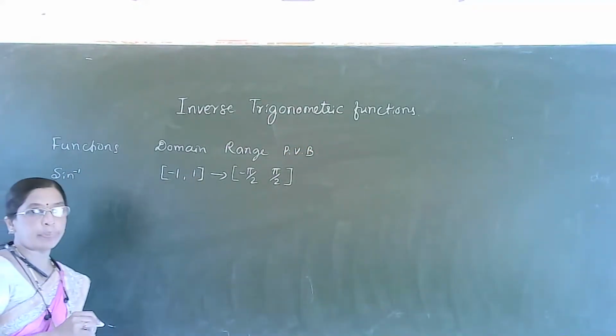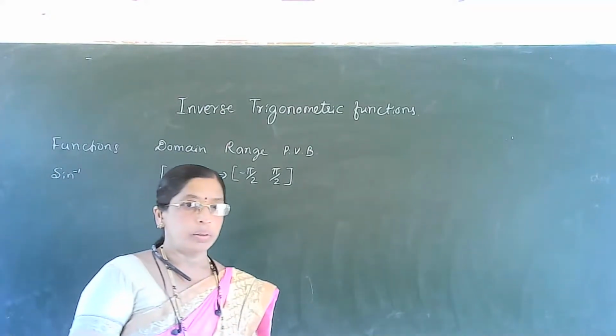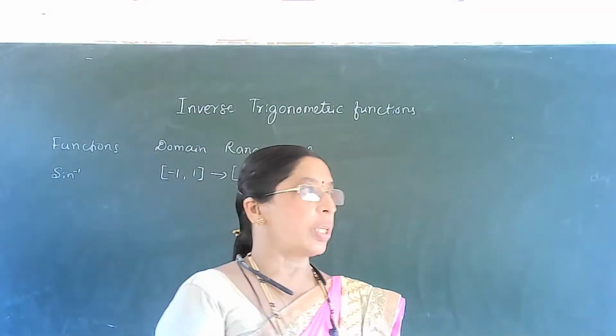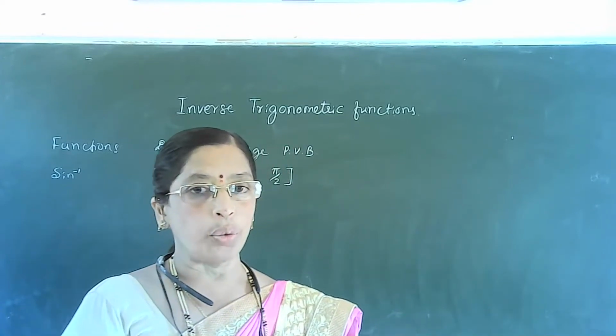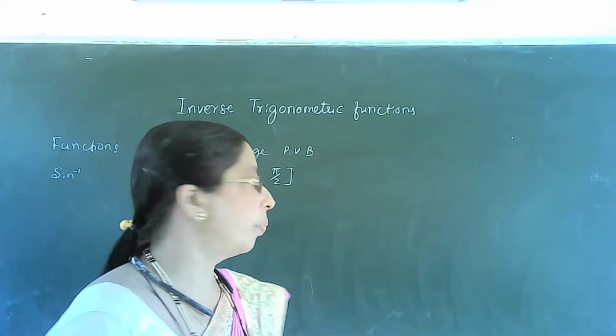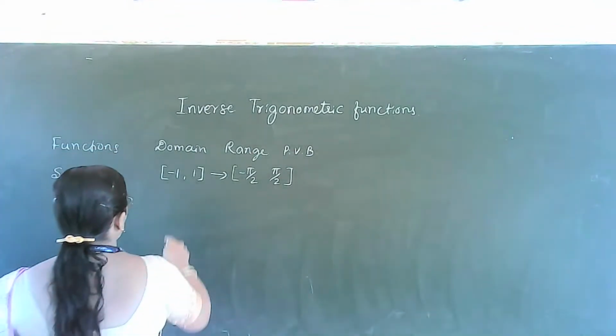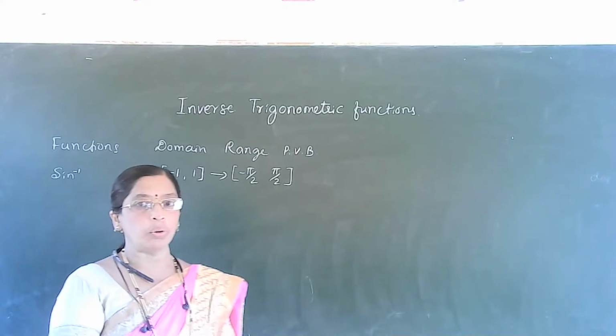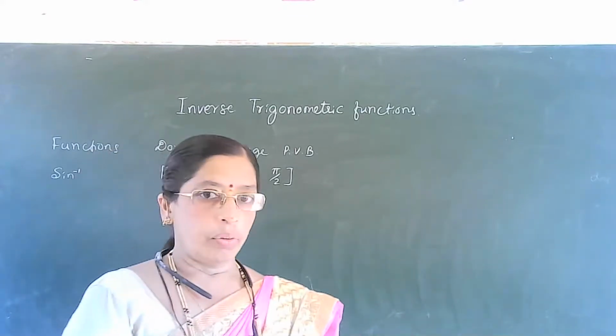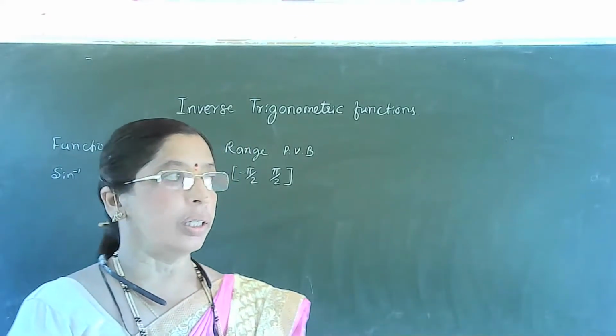You know that sine functions are not one-one and onto functions, but because we restrict this to -π/2 to +π/2, then only it's a one-one and onto function.